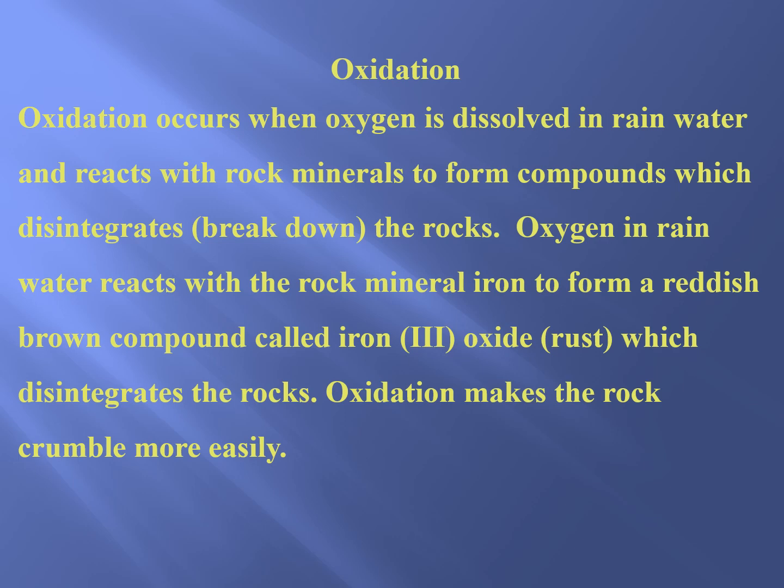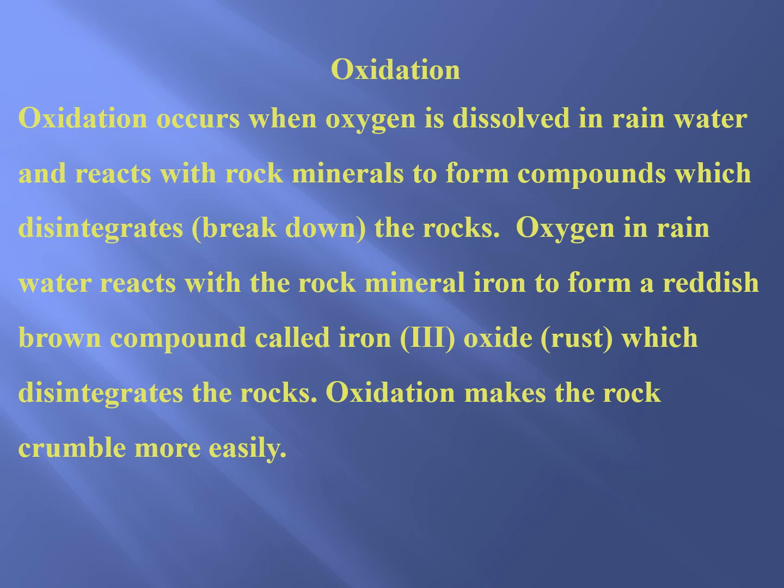What you have observed is oxidation of the mineral iron that is present in the rock. So, what is oxidation? Well, oxidation occurs when oxygen is dissolved in rainwater and reacts with the rock minerals to form a compound which disintegrates or breaks down the rock.